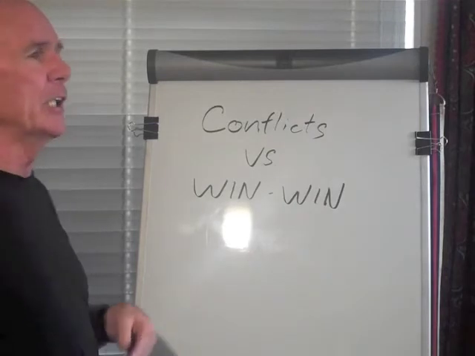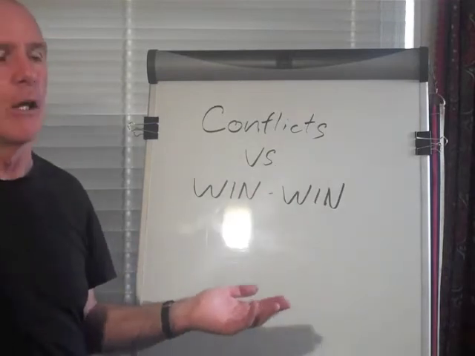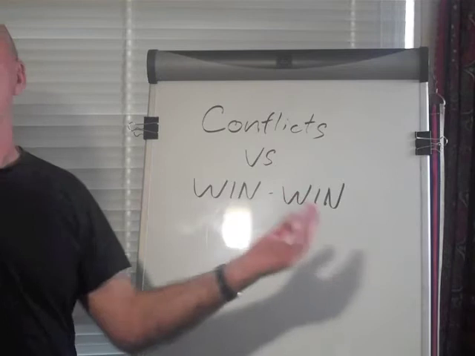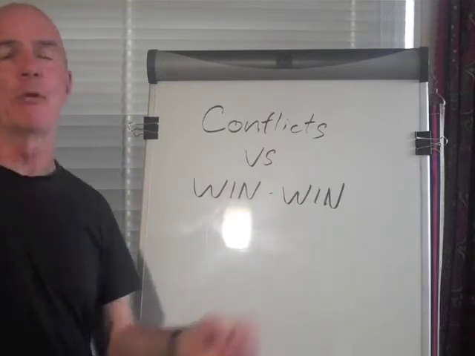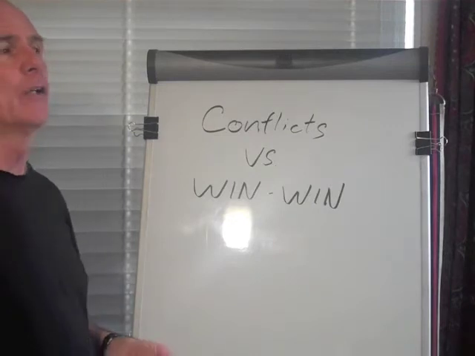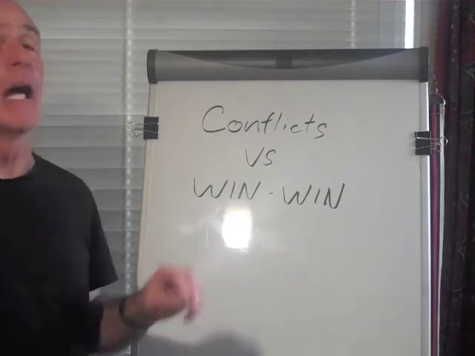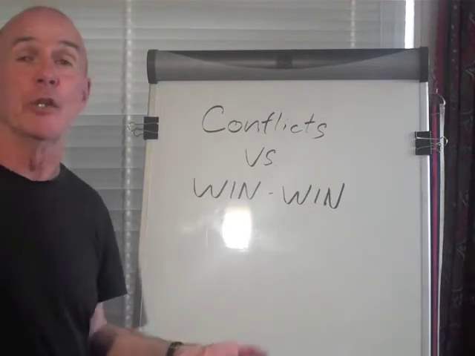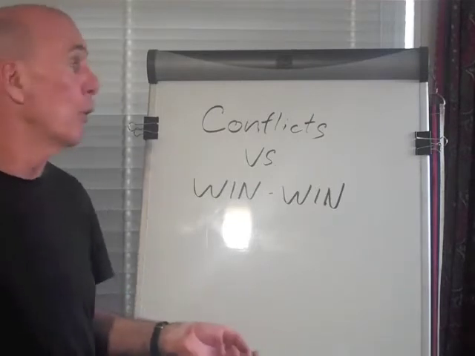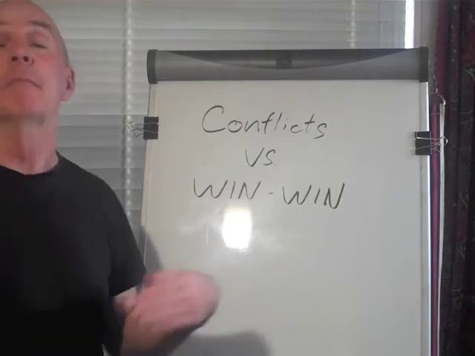The first one is just a simple misunderstanding. So I might say to you, I'd really love you to post all of your questions on the Facebook page. And you might misunderstand that and tweet it out over Twitter. Basically, I don't mind which you do, you can do either. This is just an example. So that's a misunderstanding.